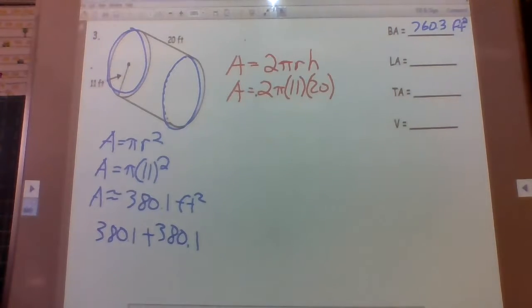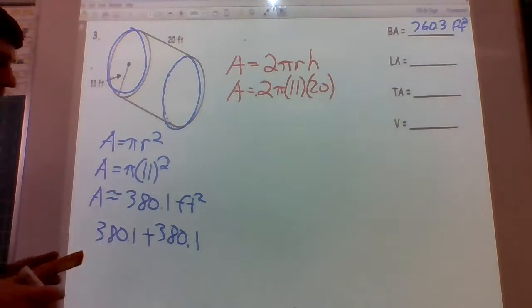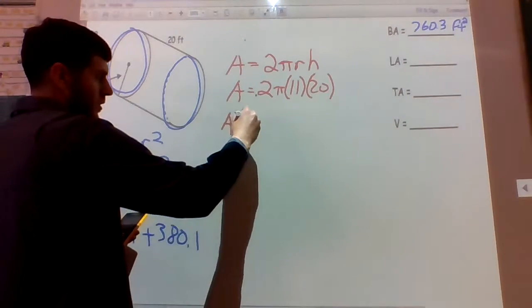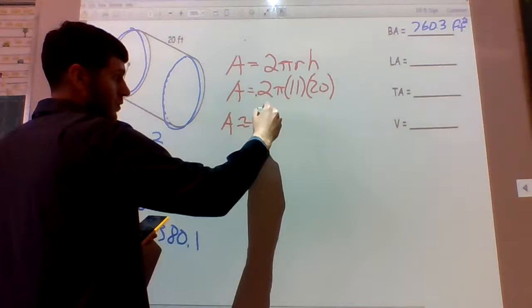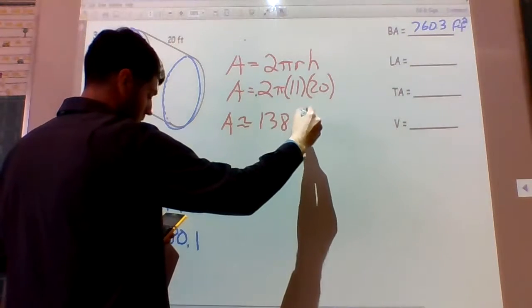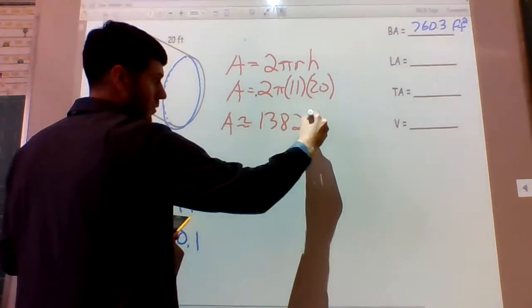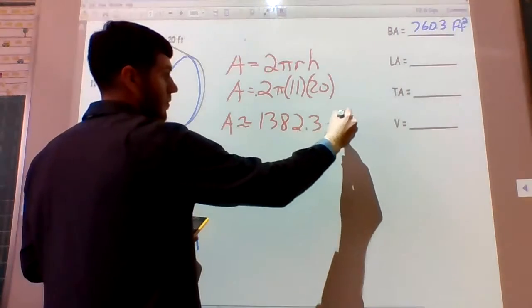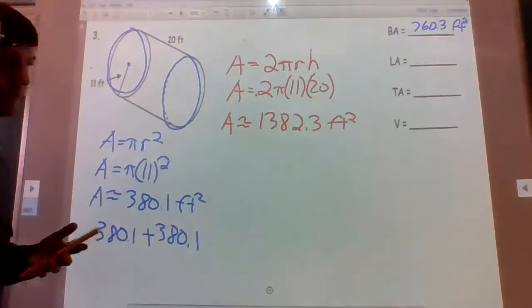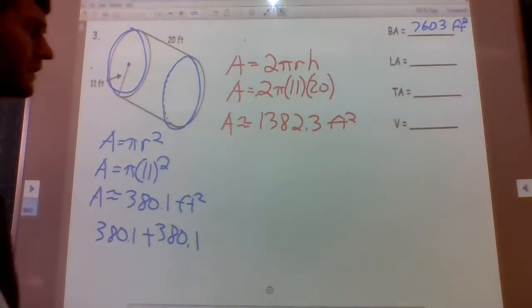That is 220 times 2 is 440 pi. So we get approximately 1382.3 feet squared. Square feet.